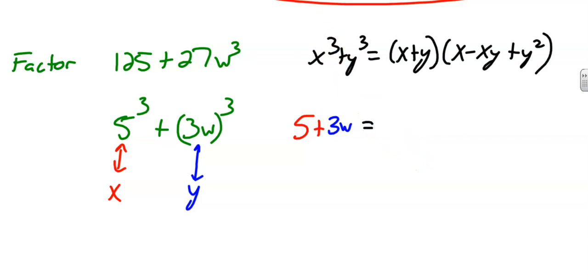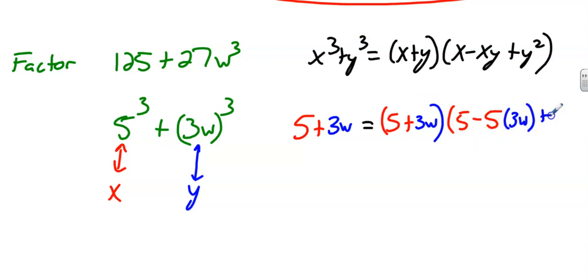That's going to equal, again, x is 5, so that's 5 plus 3w times 5 minus 5 times 3w plus 3w squared.